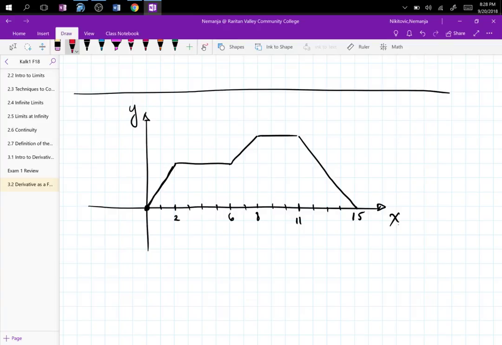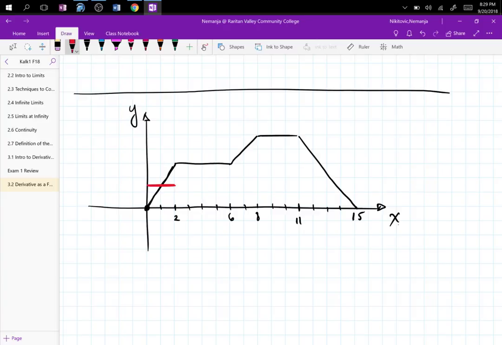Y equals how much? Three over 2. Good. So y equals 3 over 2, that's 1.5. So for this piece, I have this as my derivative. It's 3/2, because that's the slope of that line.